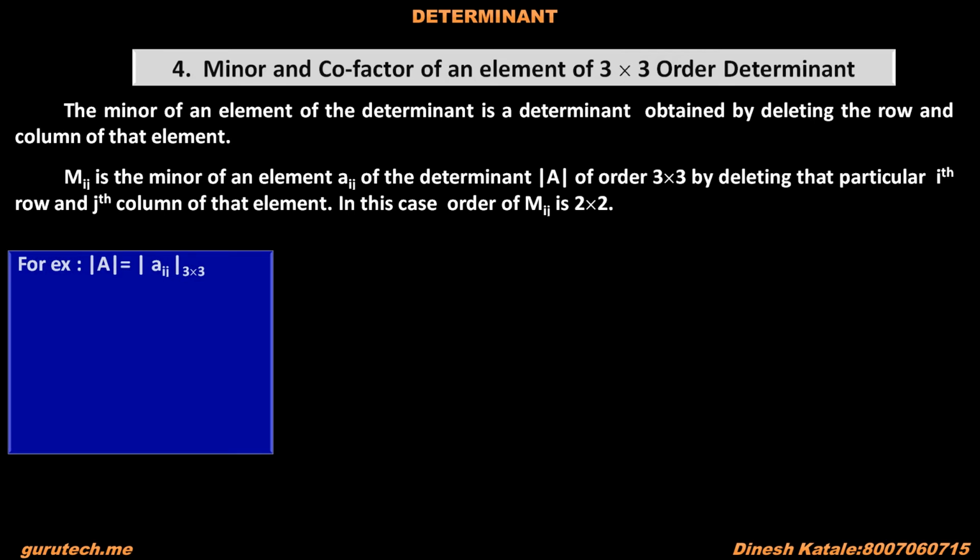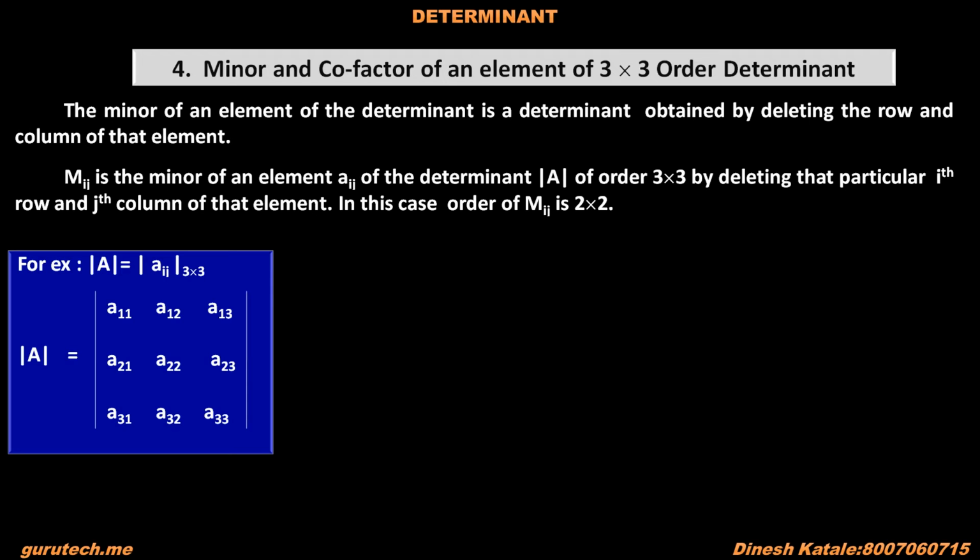For example, consider a determinant A of order 3. Its every element is represented by Aij. Now see the arrangement of elements of determinant A. In this arrangement, small letter A11 represents the element in first row and first column.